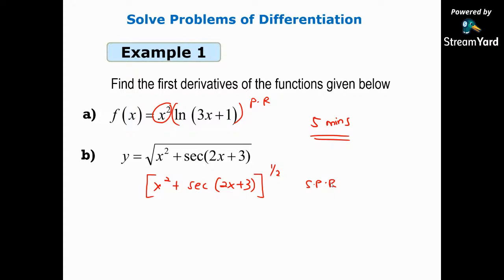Satu minit 30 saat lagi. One minute and 30 seconds to go. How are you guys doing? Almost finished? Nearly there? Ataupun masih tak nampak sinar?